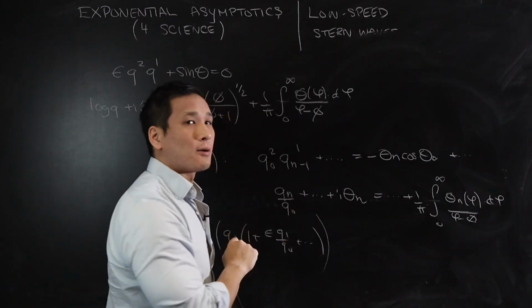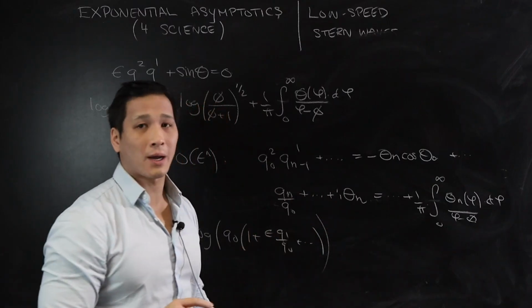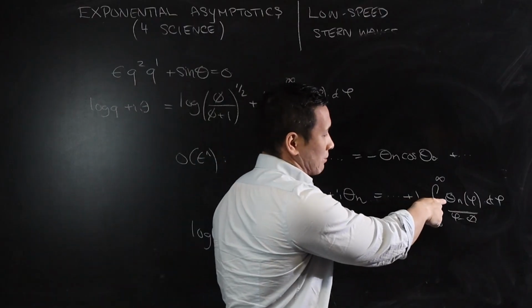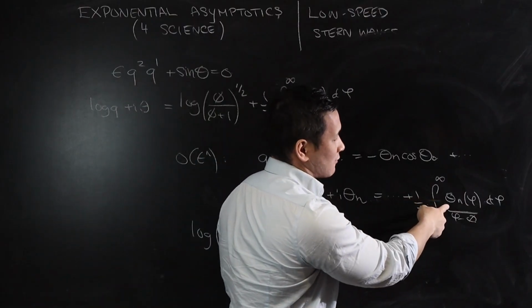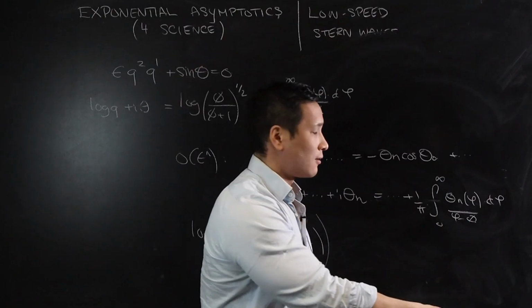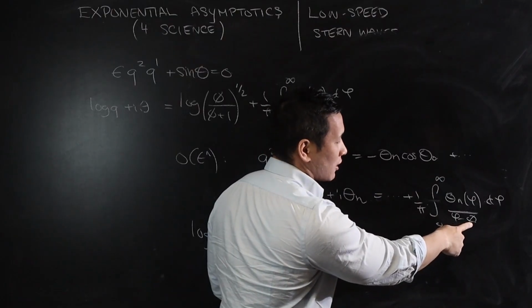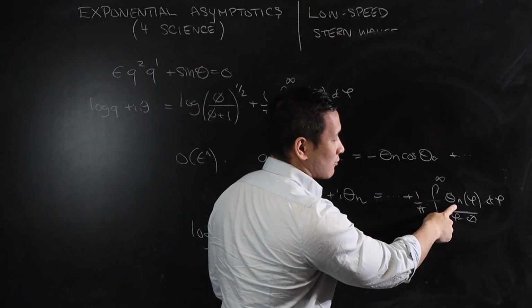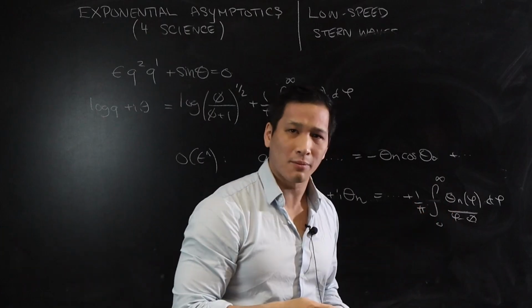These guys will blow up because these guys are factorial over power. This one will not blow up because you're essentially just evaluating theta n along the axis and then integrating it. You're taking phi to a point in the complex plane, but this thing remains, in a sense, well behaved.